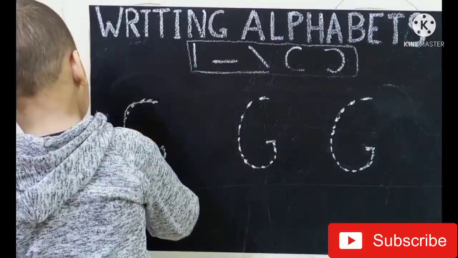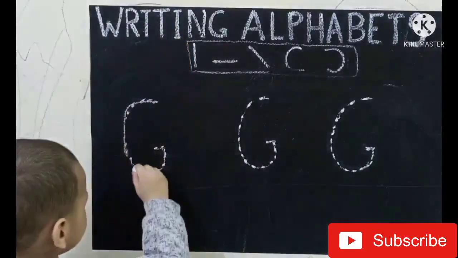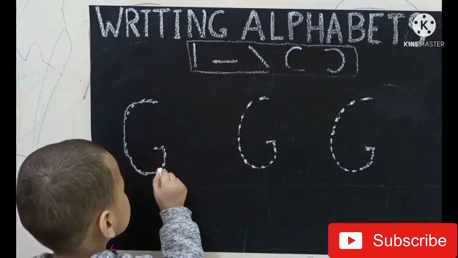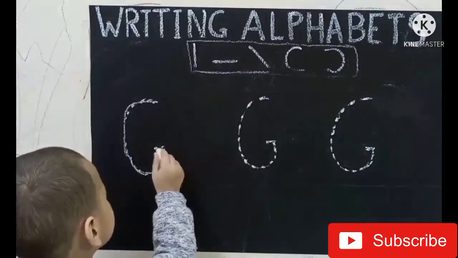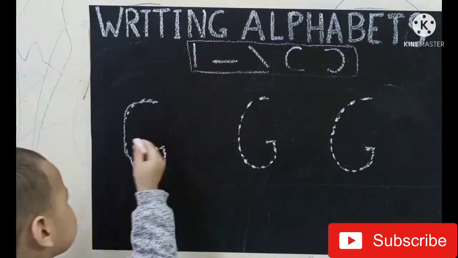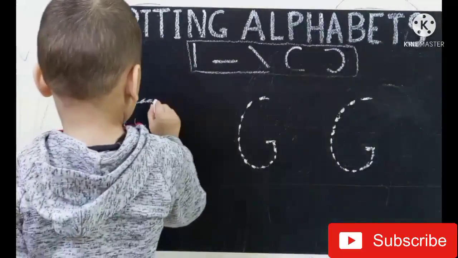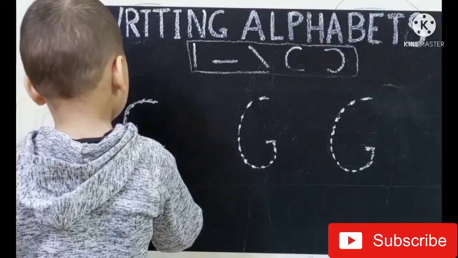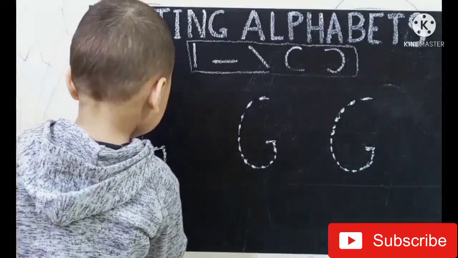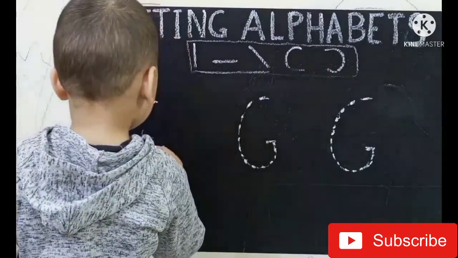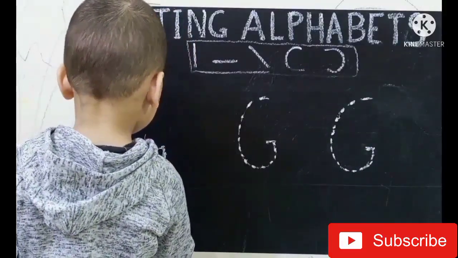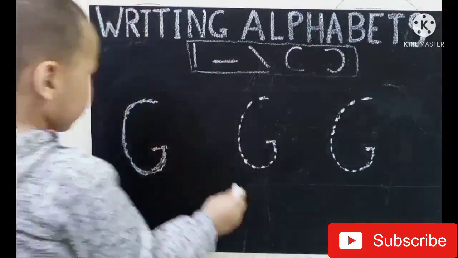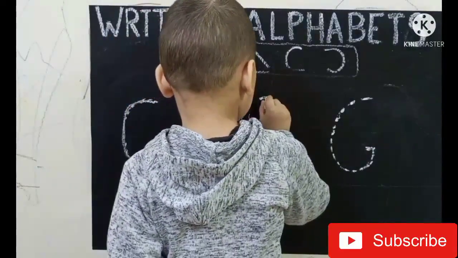Curve. Slowly, slowly. Curve. And small sleeping line. Can you repeat it? Curve slowly, slowly. Curve with the sleeping line. Yes.